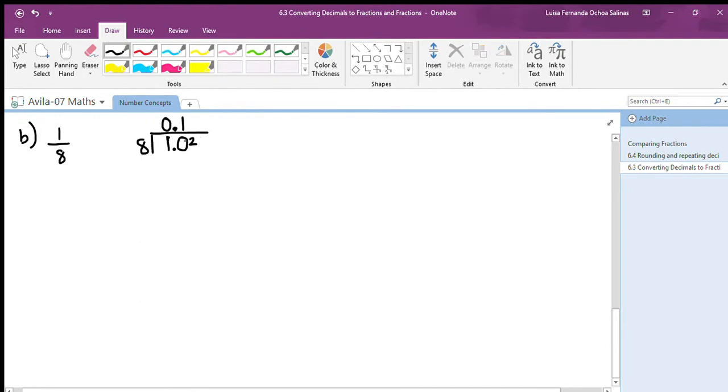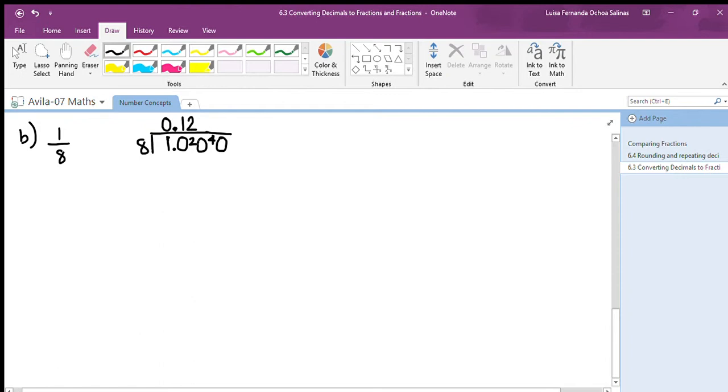And because I'm after the decimal point, I can put another 0 here. So now I'm looking at how many times 8 goes into 20. I know it goes twice. And I have 2 times 8 is 16. 20 minus 16, I have a remainder of 4. And because I'm after the decimal point, I can put another 0 there.